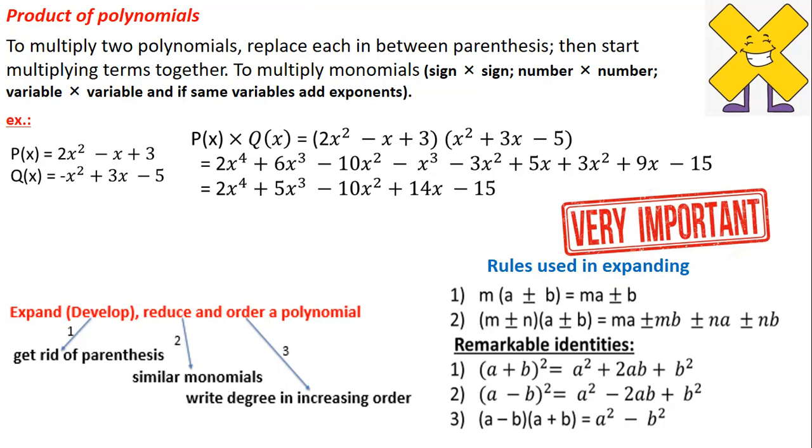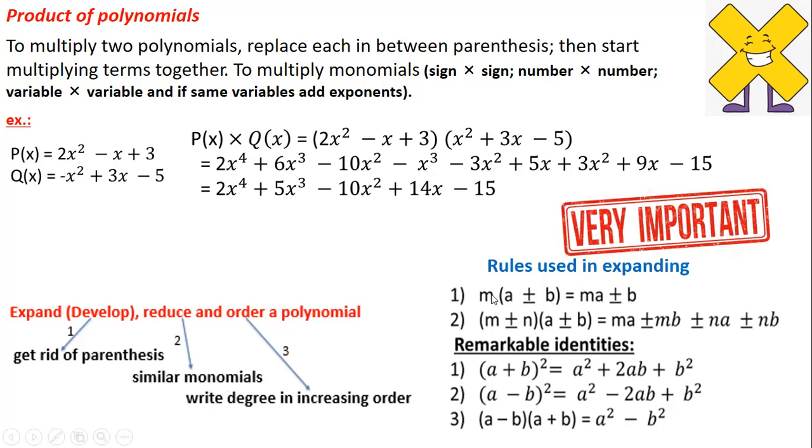I want to remind you now of the rules of expanding an algebraic expression that we talked about a lot last year. First, we have the first rule, which is a parenthesis multiplied by something outside. It might be a sign, it might be a number, it might be a monomial. How do we multiply?